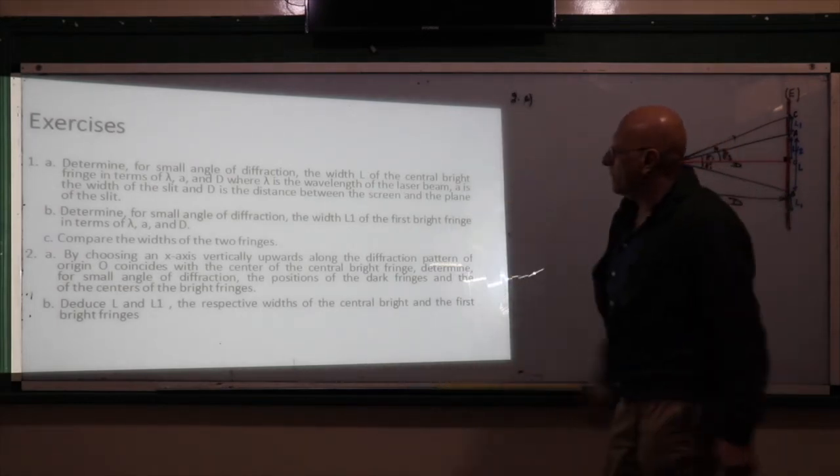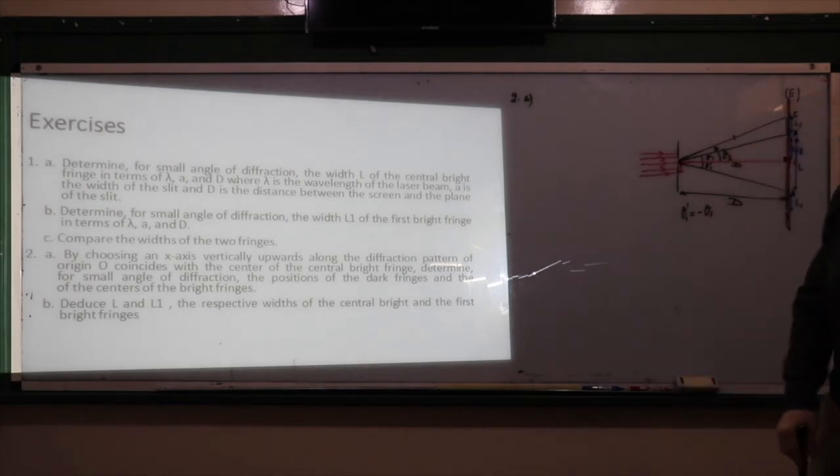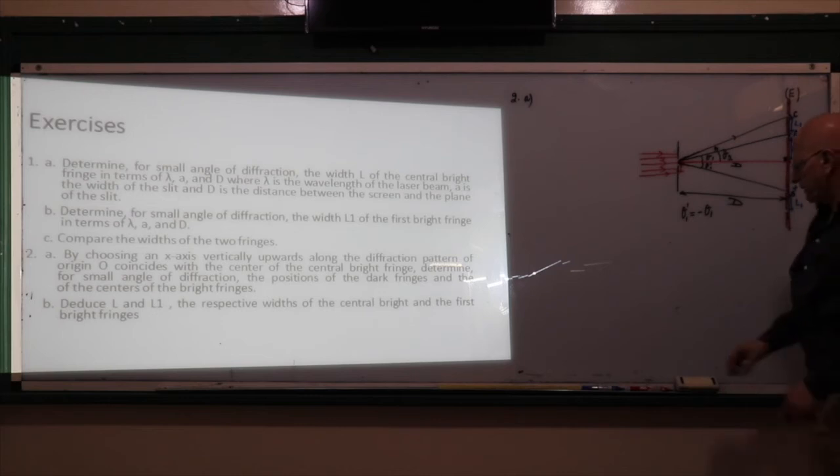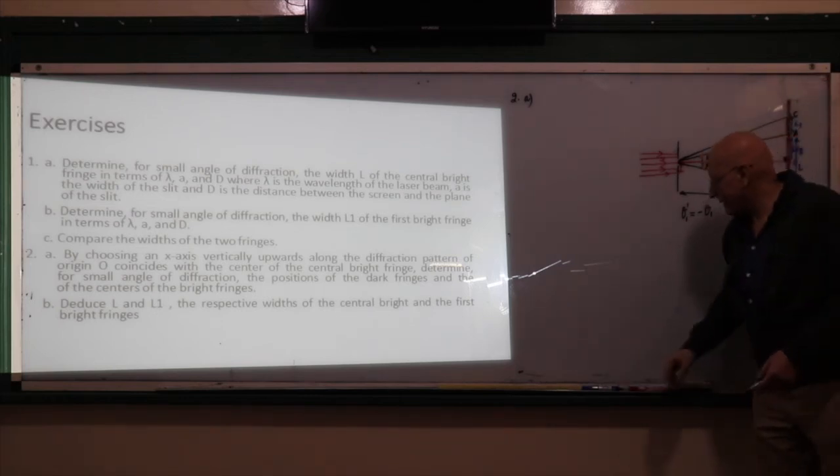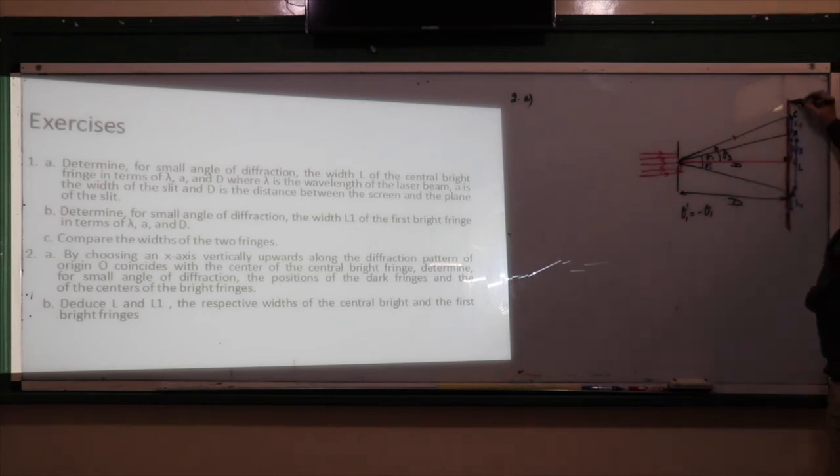Exercise 2A: by choosing an x-axis vertically upwards along the diffraction pattern, with origin O coinciding with the center of the central bright fringe. So this is the diffraction pattern. I am going to choose an x-axis vertically upward with origin O.